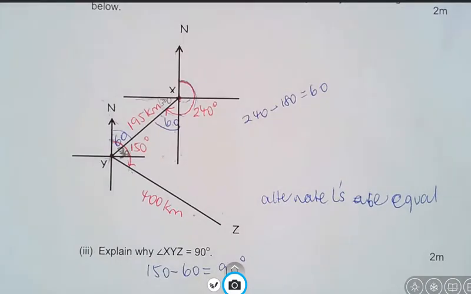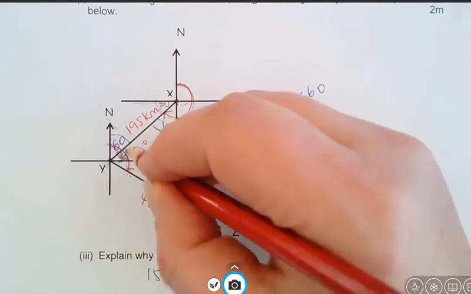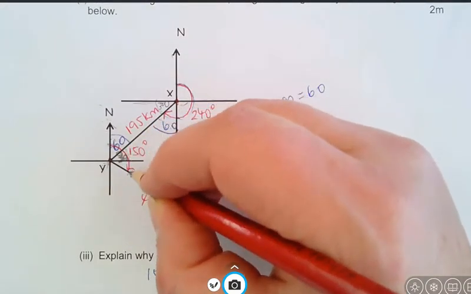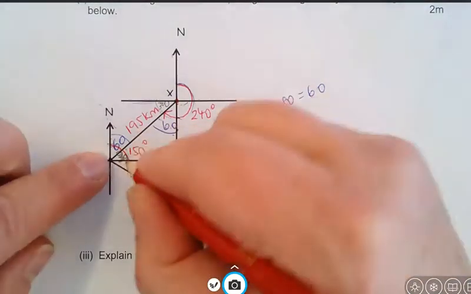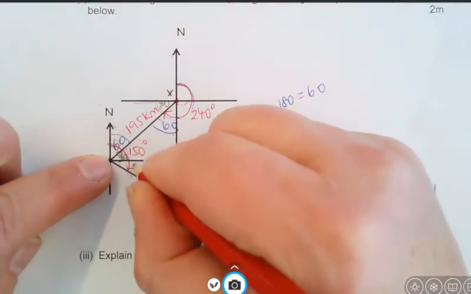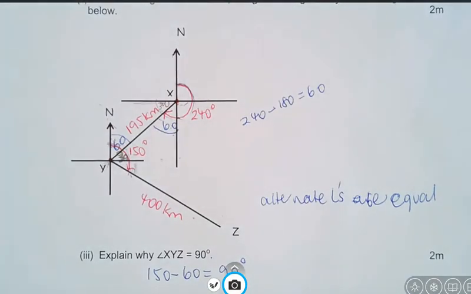I would stick with the first method. If you want to put that that's 30, it's just going to be a lot more work. I wouldn't do it. All right? Well, you'd have to say that's 30, then you'd have to say the rest of it is 60 because the whole lot's 150, and I think that's more confusing.